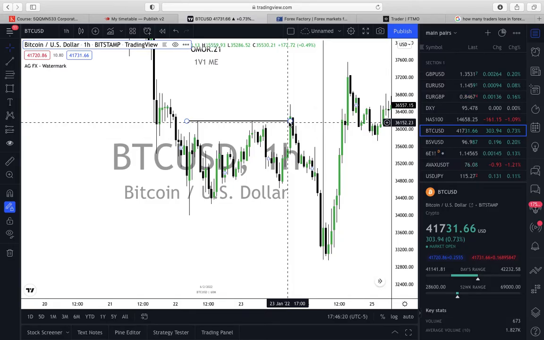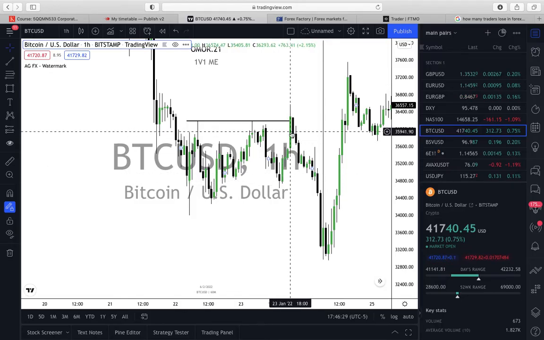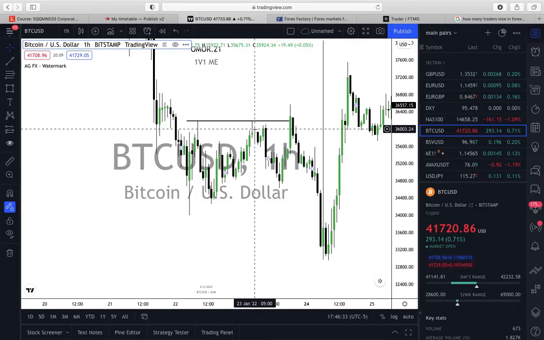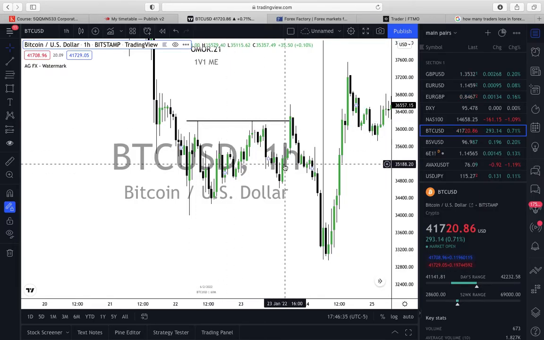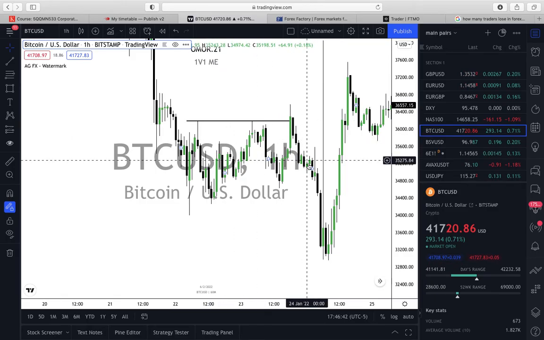All the market does is take buy side liquidity and then it delivers to sell side liquidity. So from here, high, high, they're equal. Price comes, removes them from the market, and it breaks down.